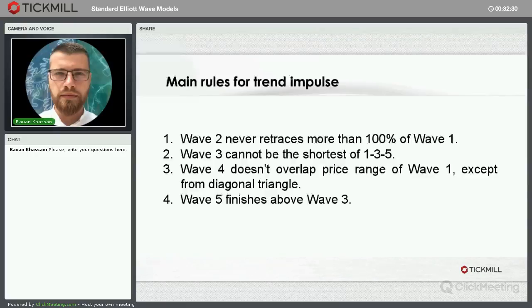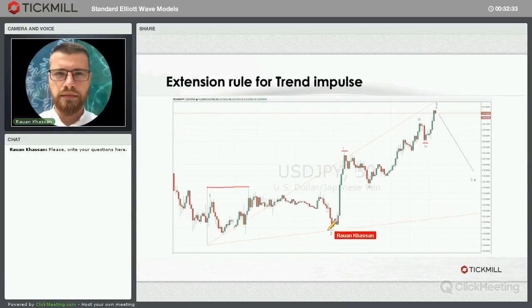The main section we need to check is this extension part of wave 3. So clearly, wave number 2 finishes well above the beginning of the first part of the wave. Wave number 3 is not the shortest, especially in comparison to the fifth wave, which in the current scenario is the shortest one.